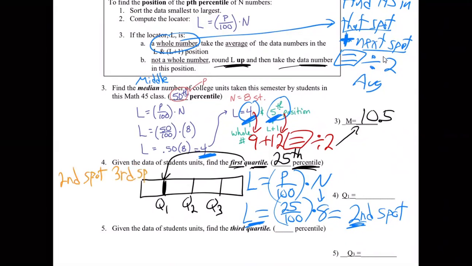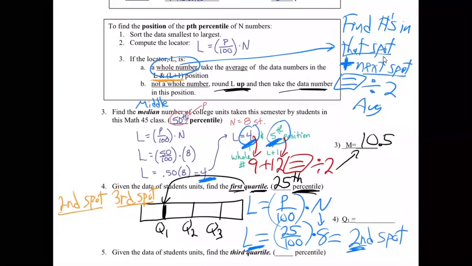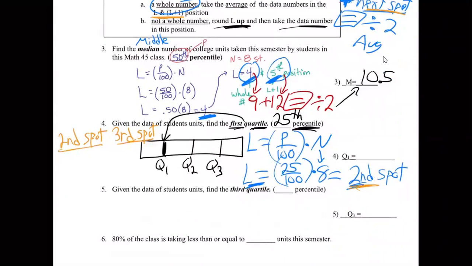So do you add 1 to this number also? Right. Well, that's the one I added right there when I did third spot. I know it says L and L plus 1. I think it'll be easier for you guys just to think that spot and the next spot. That is the plus 1. It's the next spot. So I took the 2 and I added 1 to get 3.